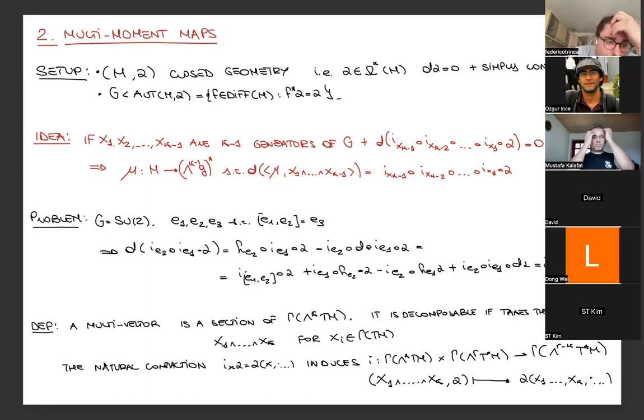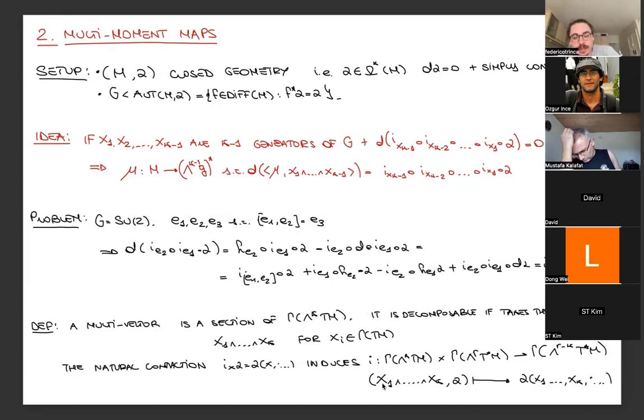And so let me recall that a multivector for me is a section of this bundle, and a decomposable multivector is a multivector of the form x1 wedge ... wedge xk, for xi that are vector fields. For multivectors, I have a natural contraction which is induced by the obvious one.